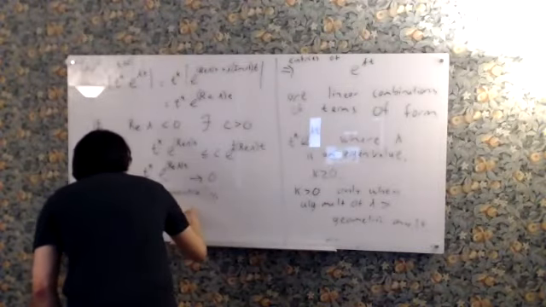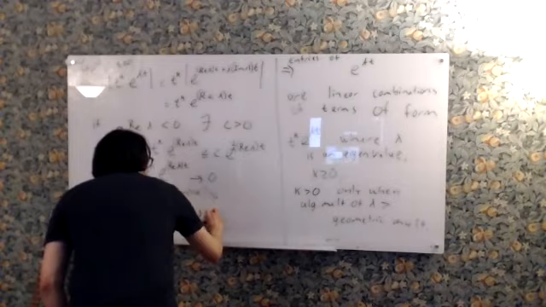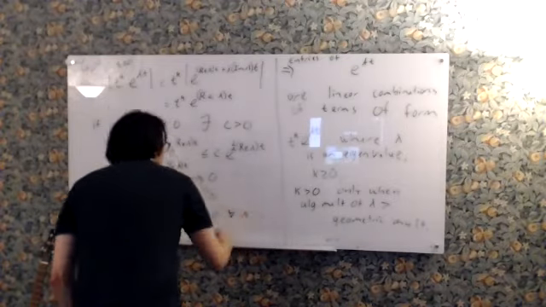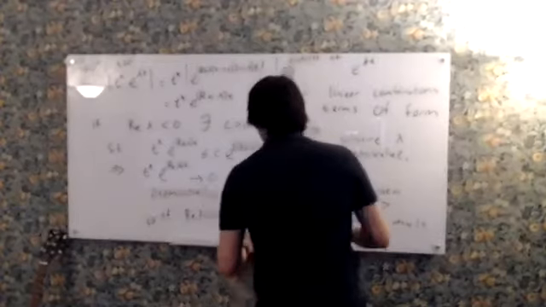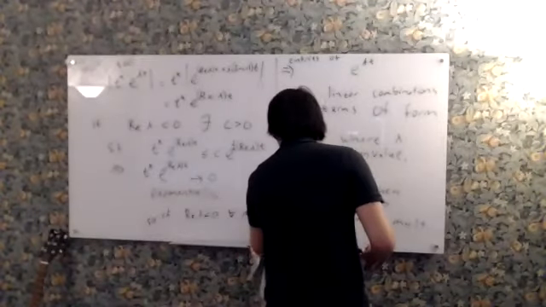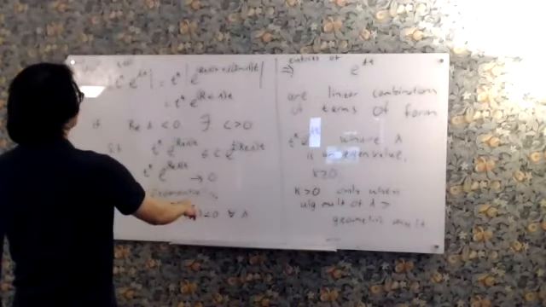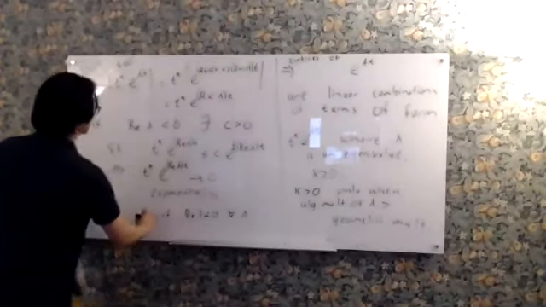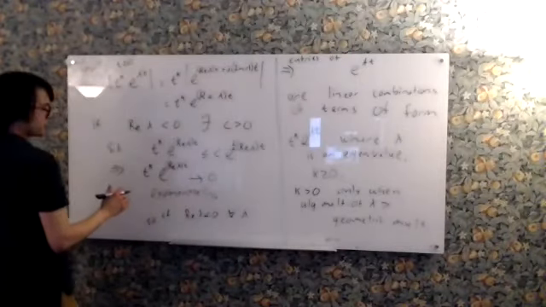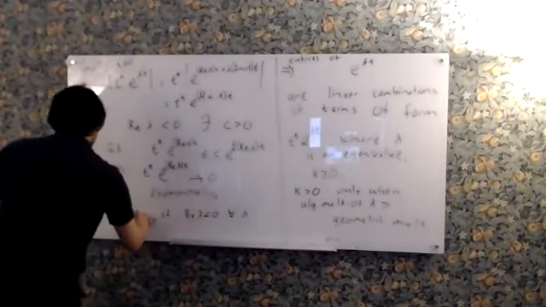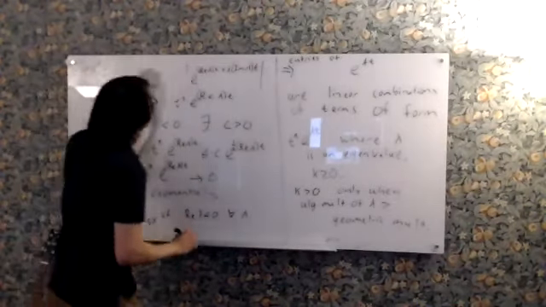So I don't have enough space on the board here. If all of the eigenvalues have negative real parts, then let me just erase this over here.